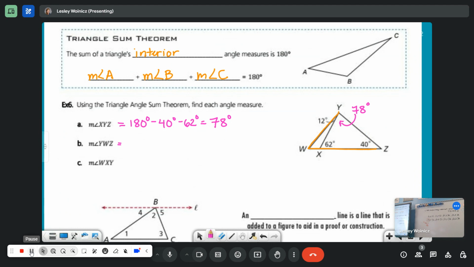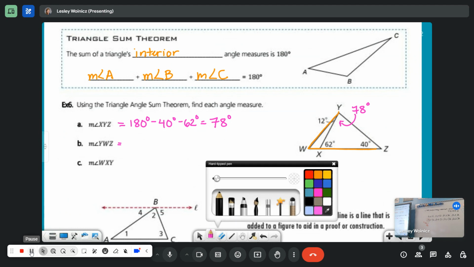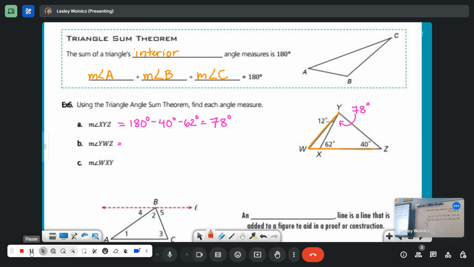So, if I look at my big triangle, I know that this angle here is a 78 plus a 12, thanks to my angle addition postulate. That makes 90. Is that one of the ones I have to find? No, it's not one of the ones I need to find. Okay, so I still have to find YWX.